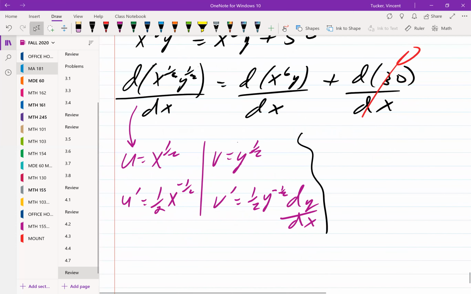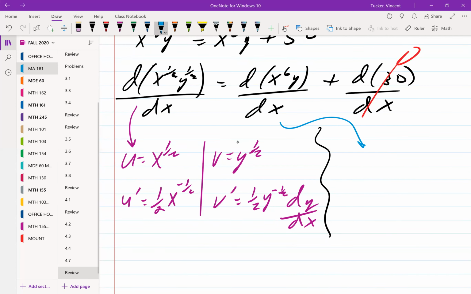For the other piece, x to the 6, u prime is 6x to the 5th.